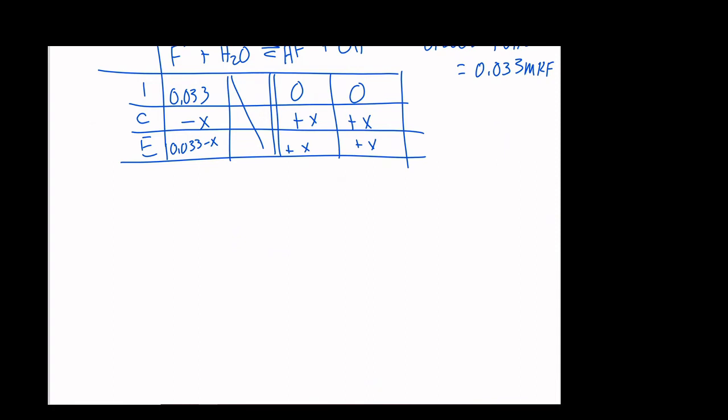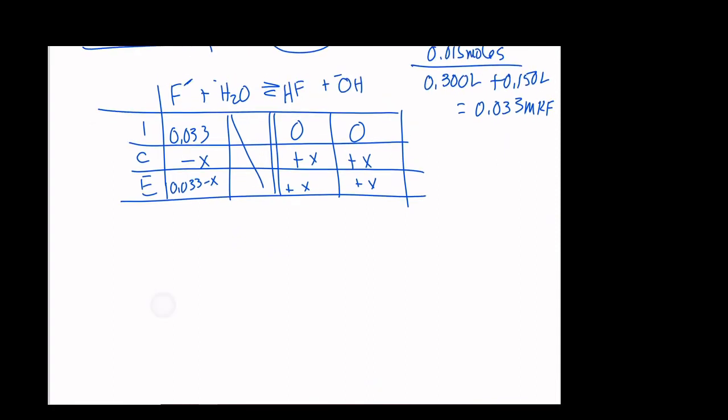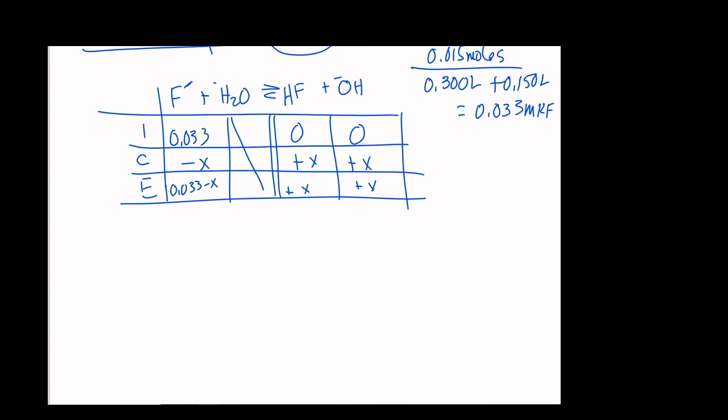All right, and so now we can set up our expression, but we need to do one thing first. We need to remember that Kw equals Ka times Kb. And we can look up the Ka for this acid. Remember, the Ka is equal to 6.6 times 10 to the minus 4th. And the Kw is 1.0 times 10 to the minus 14.